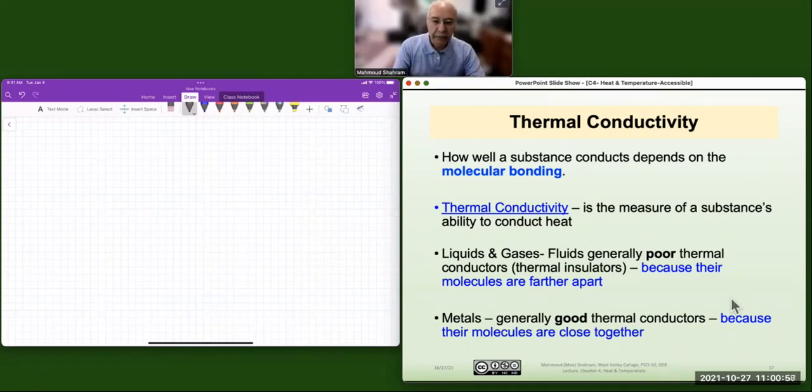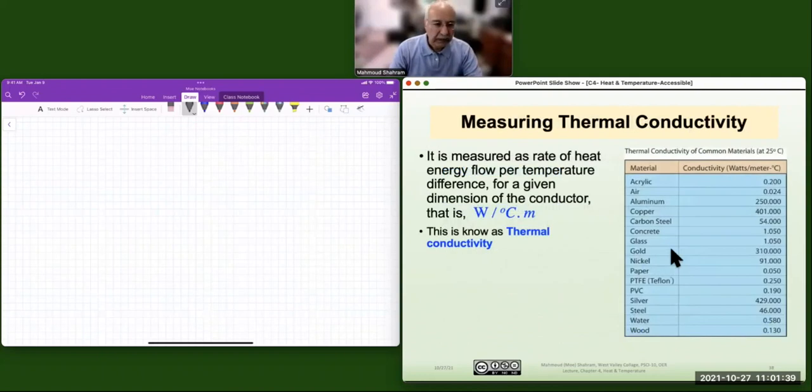We have to find out how heat conductive a particular element is. Some materials are very, very poor conductors, like wood. I mean, they can burn, but you can hold a wooden stick on the fire and your hand is not going to get hot.